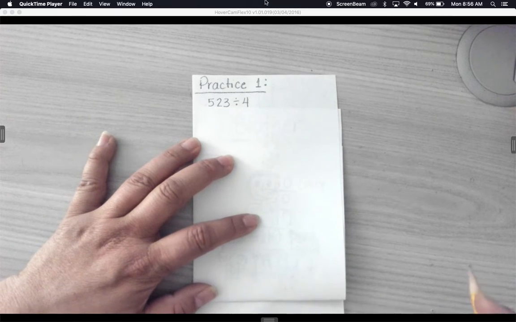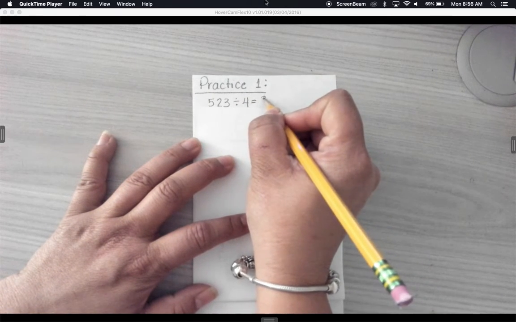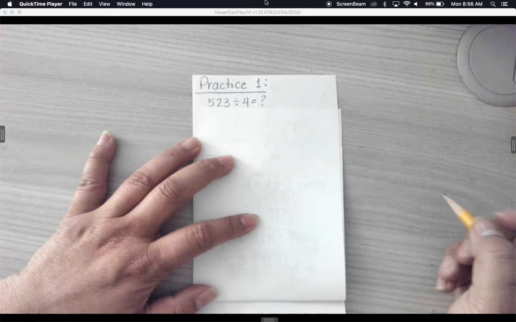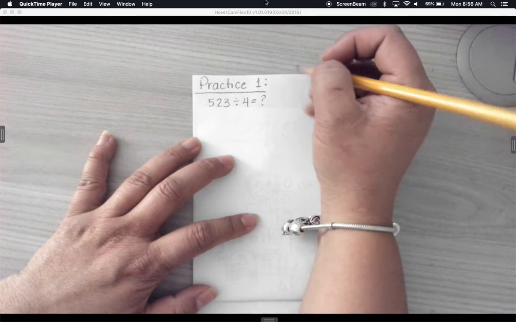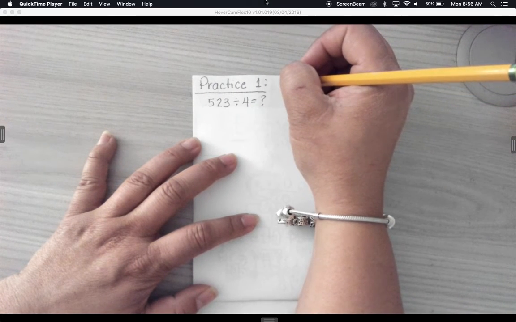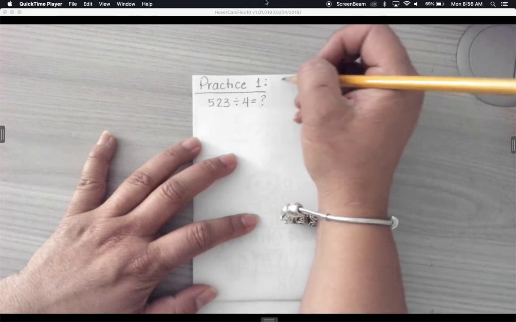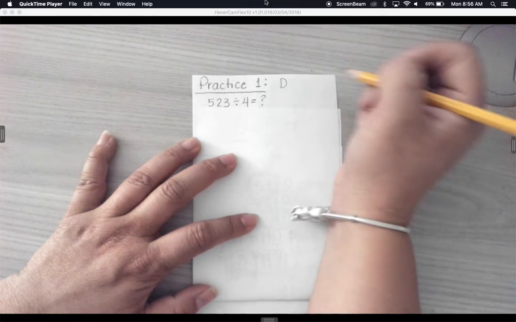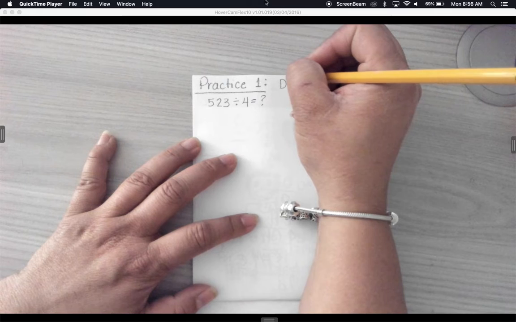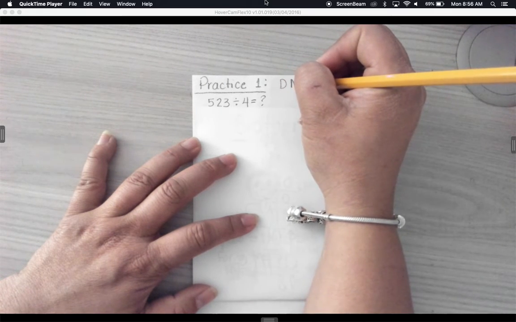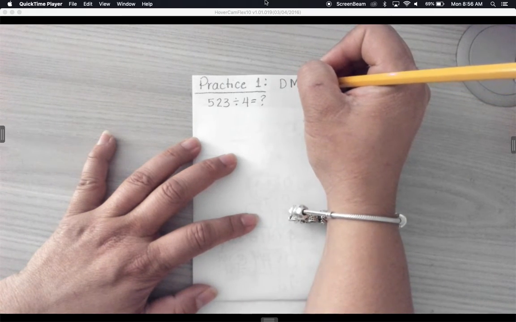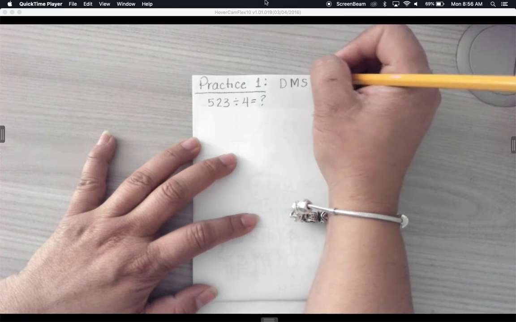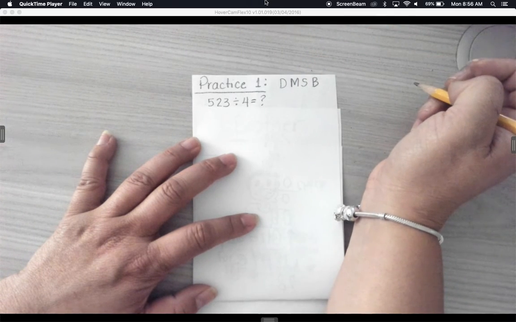What are my steps going to be? We need to find out how much that is. What are my steps going to be? Dad, which is going to be divide. Mom, sister, and brother. Right?